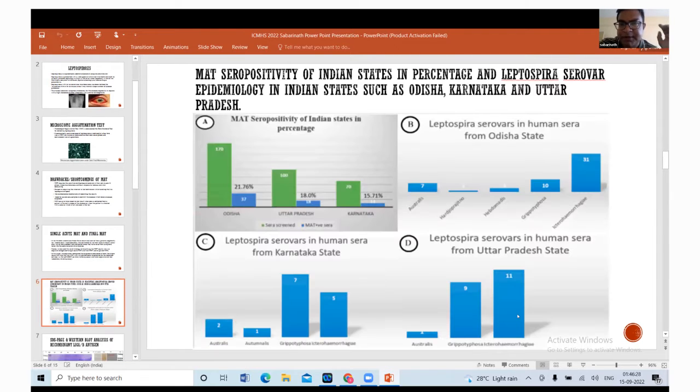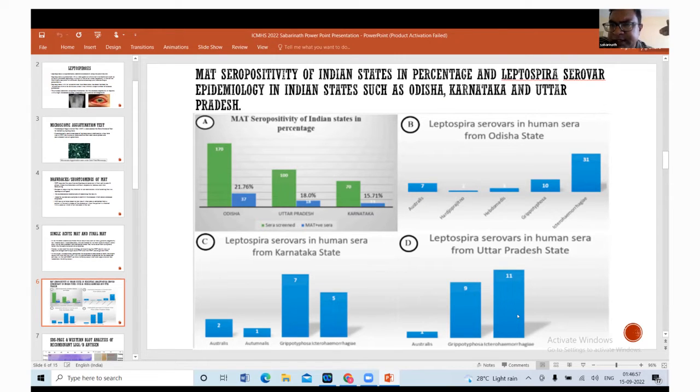We have used 340 serum samples for this study, out of which 170 are from Odisha, 100 from Uttar Pradesh, and 70 from Karnataka. And in this study, we found that Odisha has the highest seroprevalence for leptospirosis from the 3 different states of India, at 21.76%.